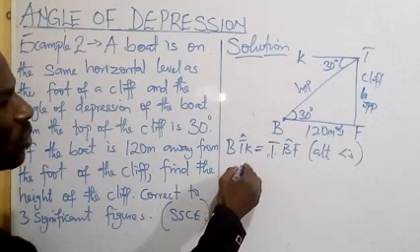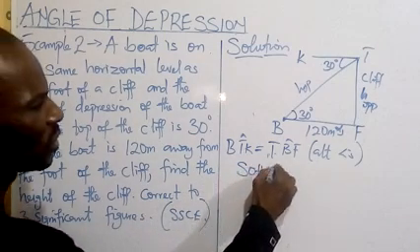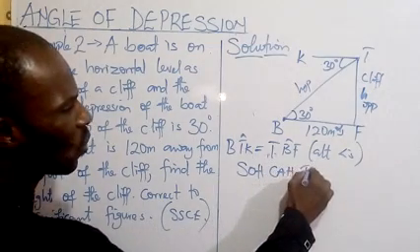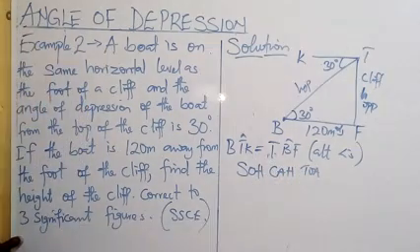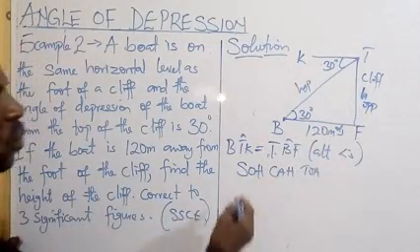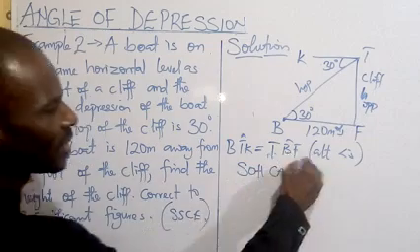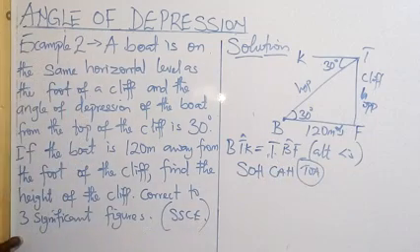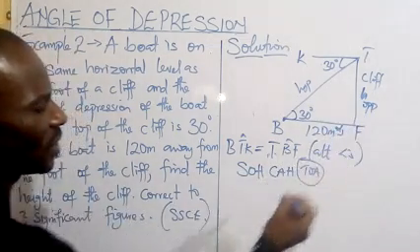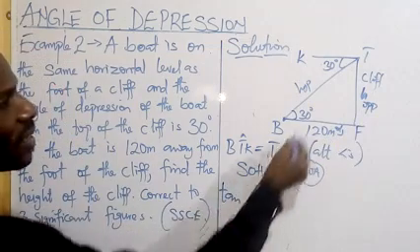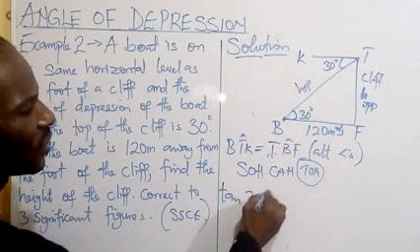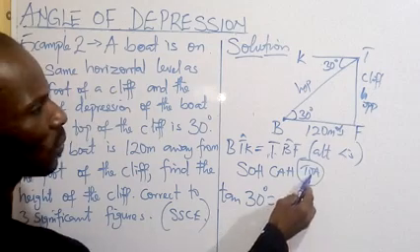So don't forget using our trig ratio, CAH, TOA. We're looking for this side. Which of the three are we going to consider? We'll consider the tangent. TOA, opposite over adjacent. We can say tan 30 degrees equals, what is our opposite?